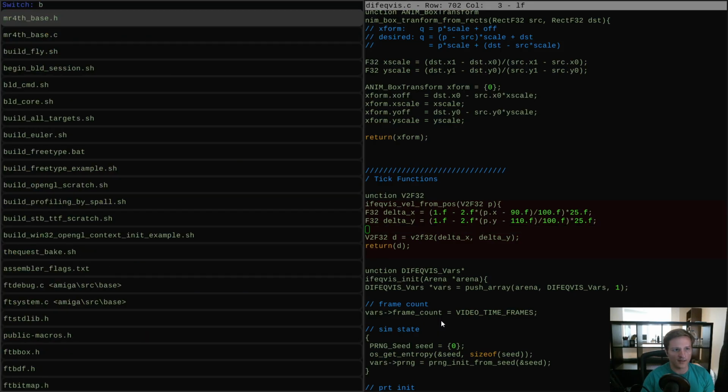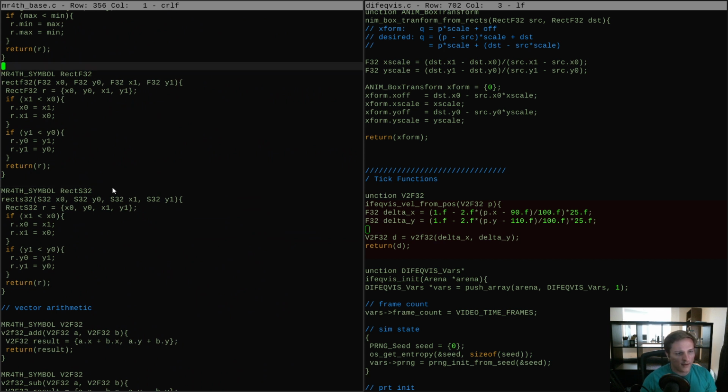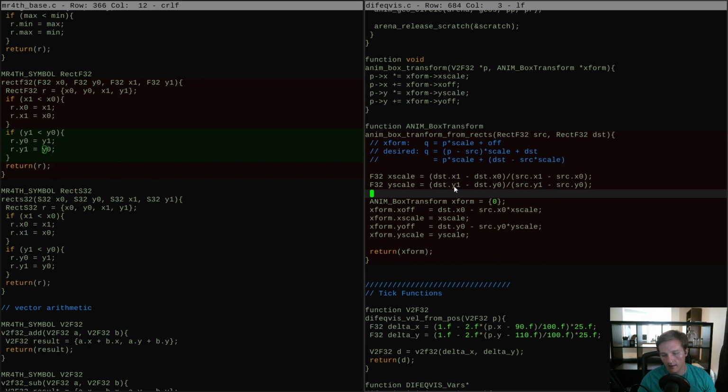As long as, let's take a look here. Rect F32. Yeah, so Rect F32 is making sure that the min and max are a certain direction here. Why don't we say then that y0 is going to go to y1.